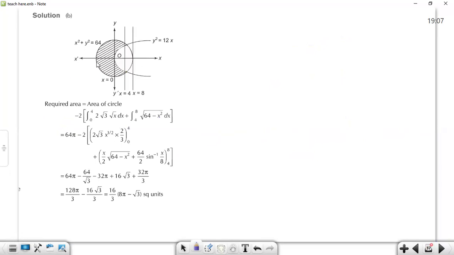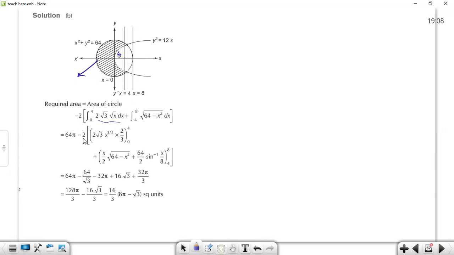So yes, we solved the question correctly. We had to find out the area which is exterior to this parabola, and the line which we had taken as an intersection point was also correct. Here also the required area is found by first of all subtracting the area of the circle from this region, that is 2 root 3 root x, that is basically the area under the parabola, plus the area under the circle from 4 to 8.